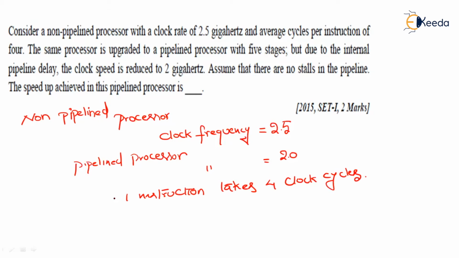But in a pipeline system, one instruction takes only 1 clock cycle. You know that? In a pipeline system, one instruction is just 1 clock cycle on an average. Okay, this is for pipeline. We are asked the speed up ratio between non-pipeline system and a pipeline system.